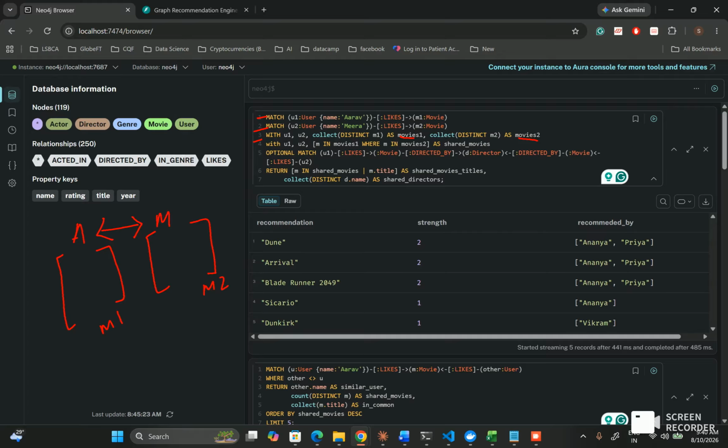Now, this fourth line over here is the one with the unusual syntax, that is the square brackets with where inside them.